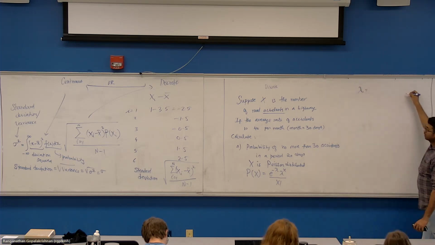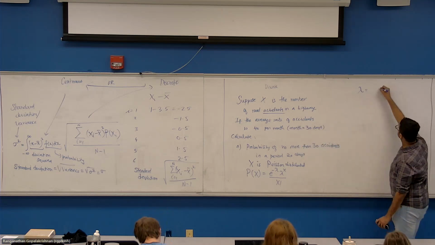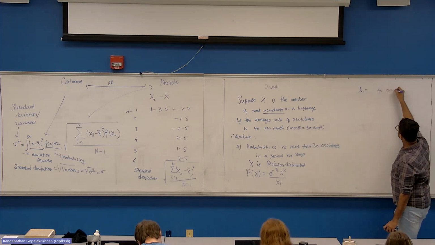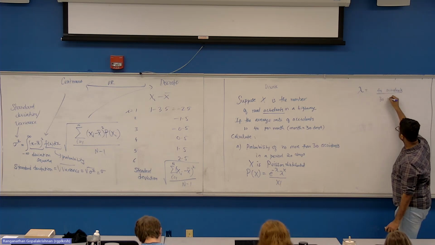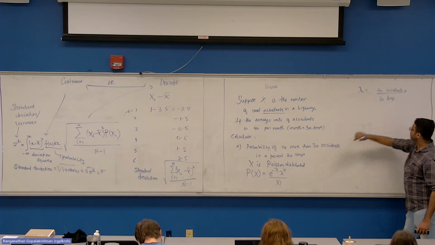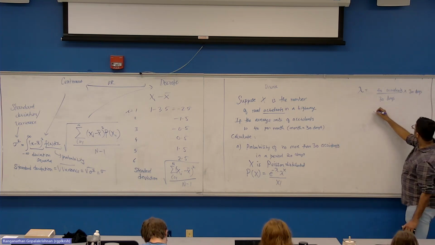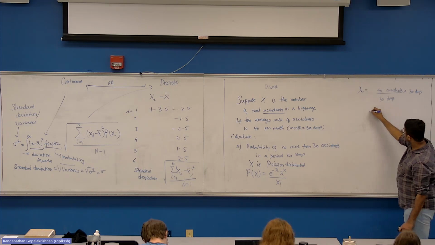What is lambda? Lambda is 40 accidents in a period of 30 days, multiplied by our window of interest, which is 20 days. So lambda is 2/3 of 40.